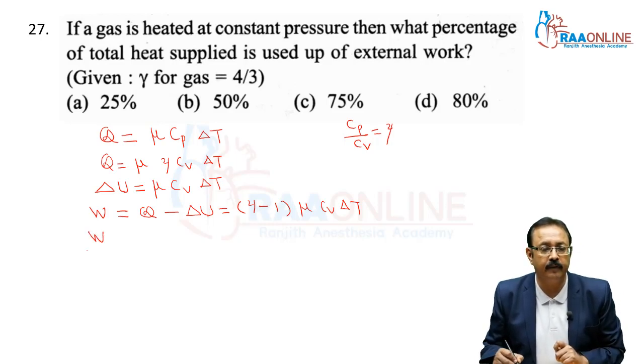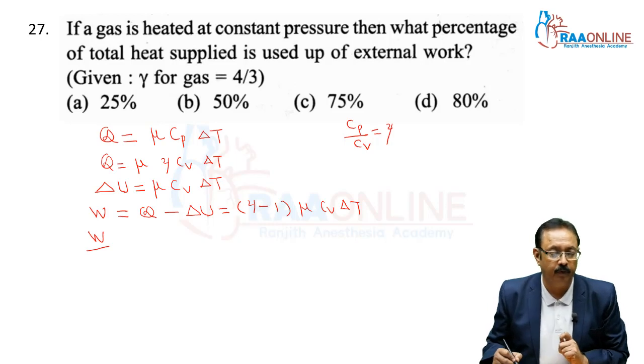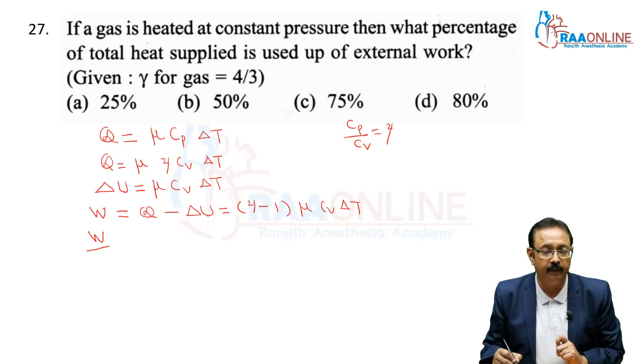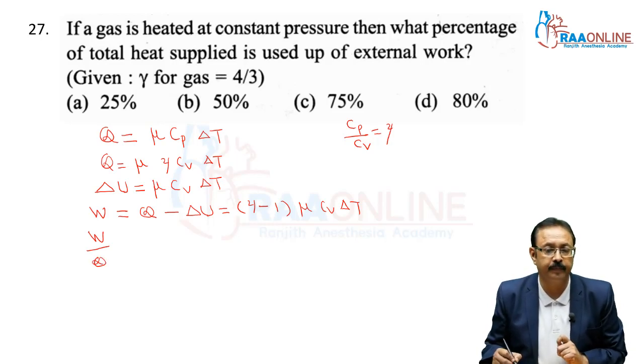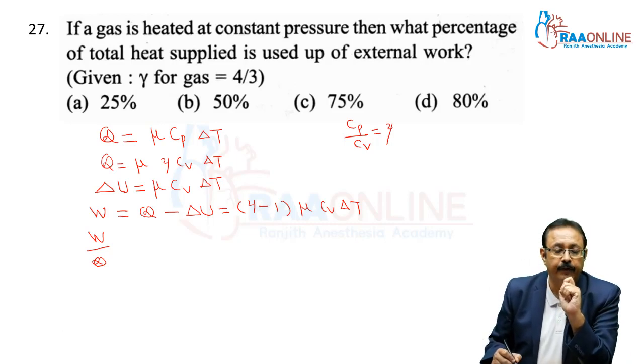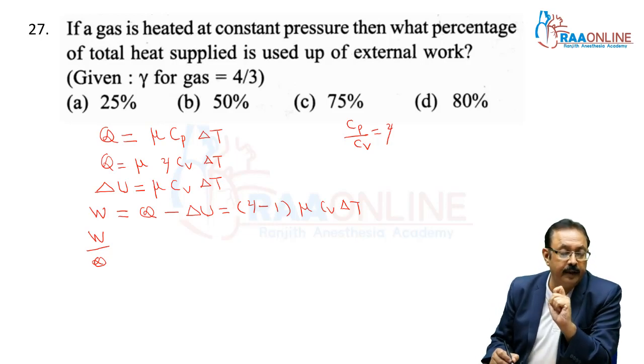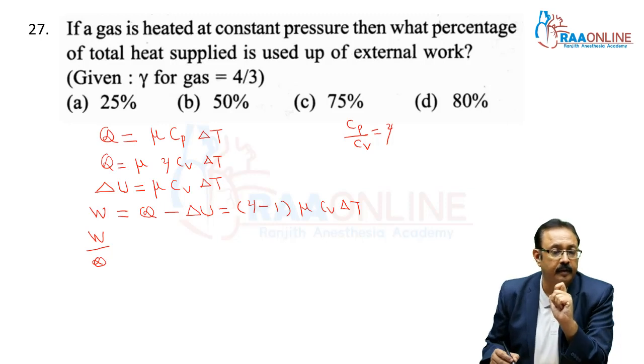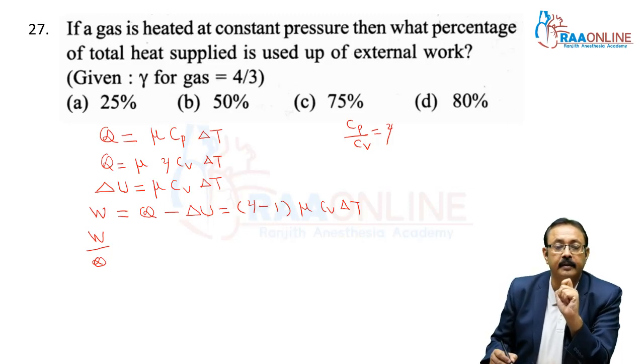From Q you use W, so the fraction is W upon Q, and from 100 we can calculate it. So W upon Q into 100, since we want it in percent.